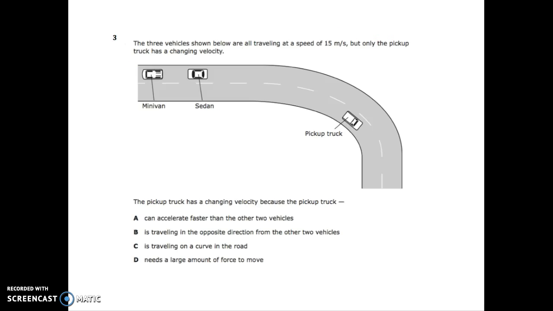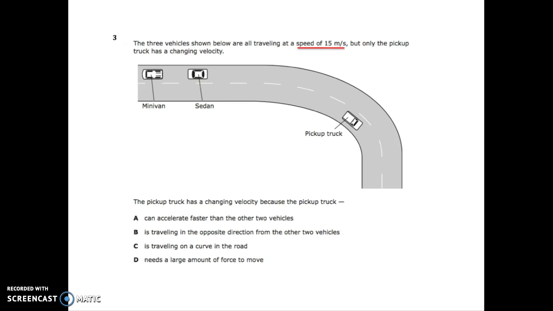For number 3, we have 3 vehicles shown below, and they are all traveling at a speed of 15 meters per second. But only the pickup truck has a changing velocity. The pickup truck has a changing velocity because the pickup truck... This is an extremely popular question on tests like the STAR. They love to use these examples of cars on racetracks or cars on a road.